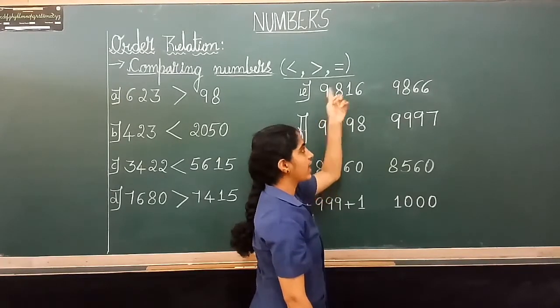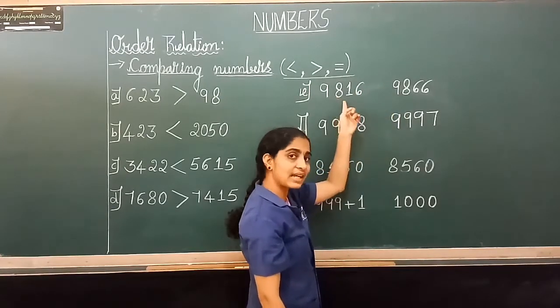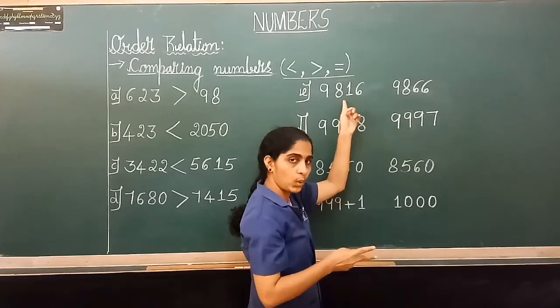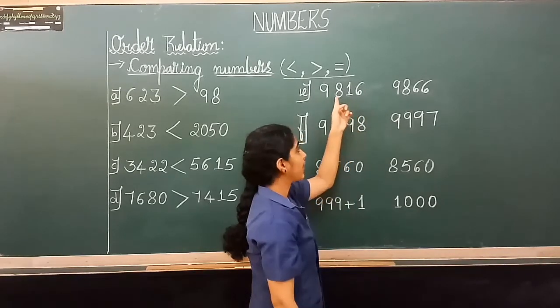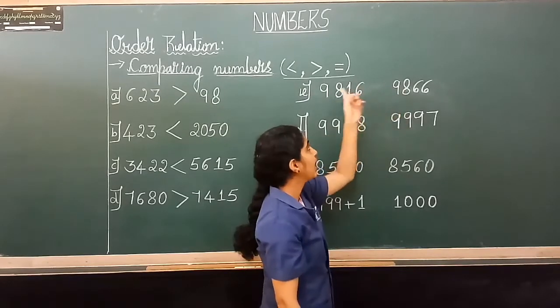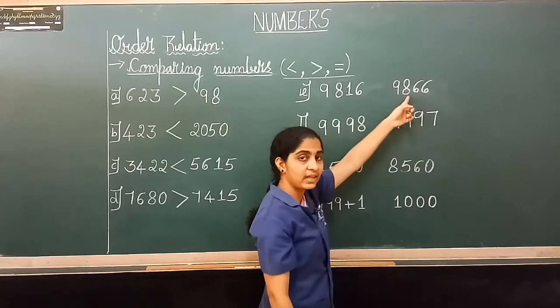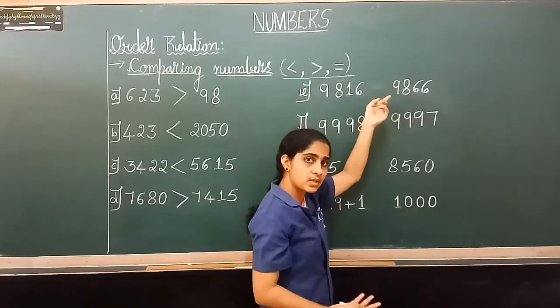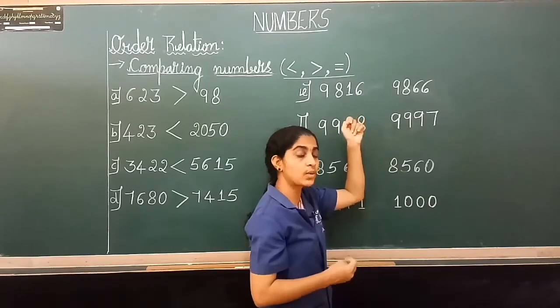Here also we have 9, here also we have 9. So, what we have to do? As they are equal, we have to compare the second digits. But when you compare the second digits, here also we have 8, here also we have 8. Again, this is also equal. Both the digits are same. So what can we do?